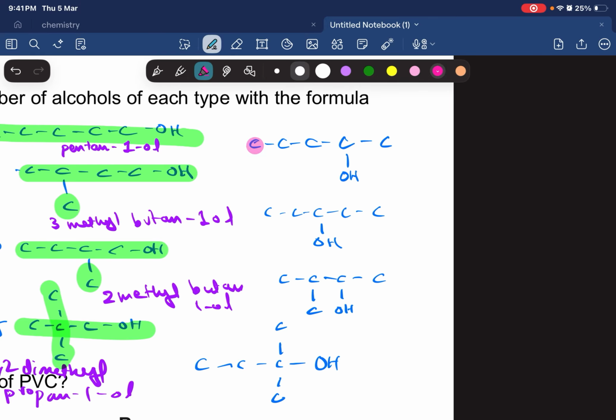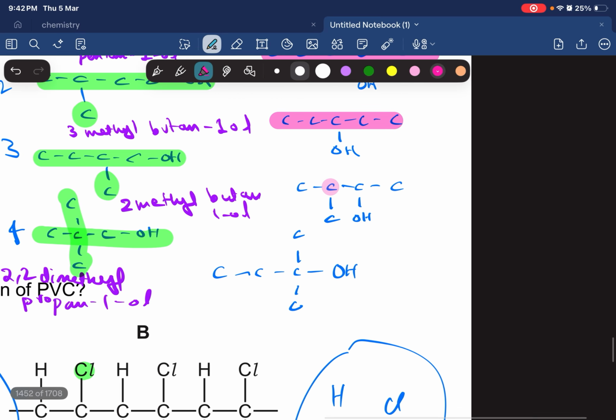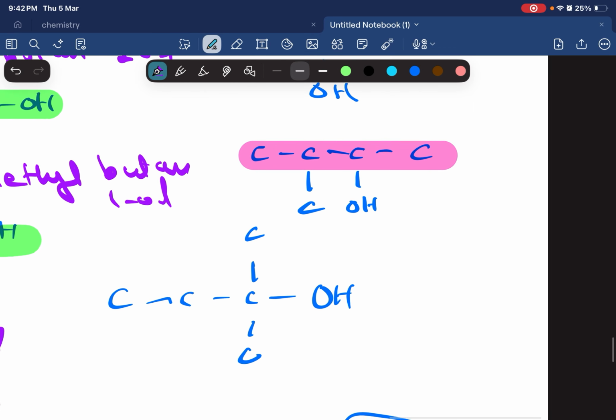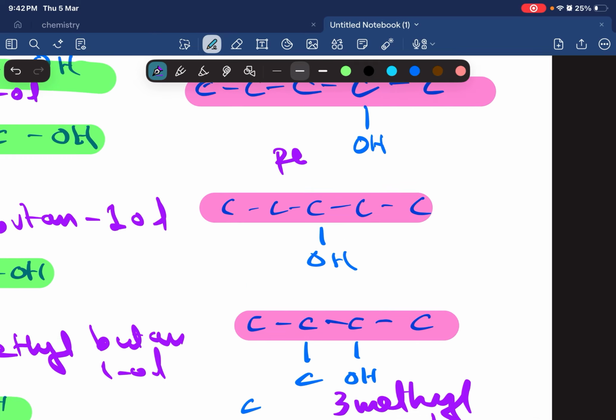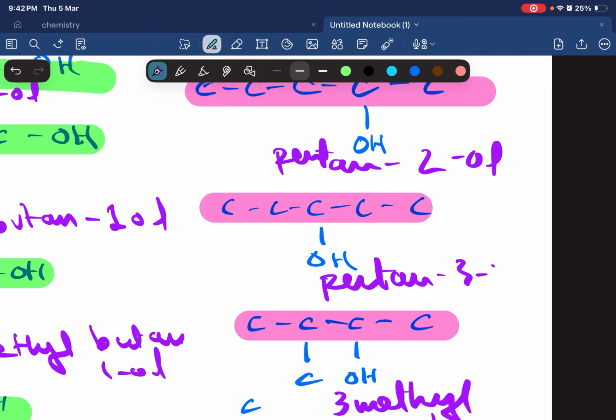This is pentan-2-ol. This was pentan-3-ol, and this was 3-methylbutan-2-ol.